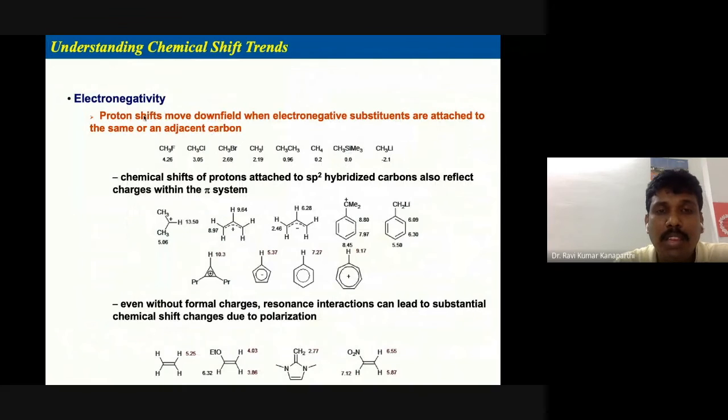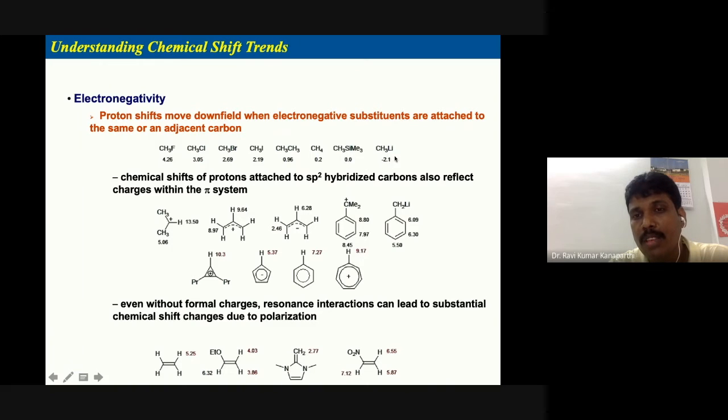Let's say methyl chloride, in this case the chemical shift value of this proton will be 3.05, then methyl bromide 2.69, and methyl iodide 2.19, and a simple ethane will be at 0.9, and methane is 0.2, and then the protons on tetramethylsilane will be at 0.